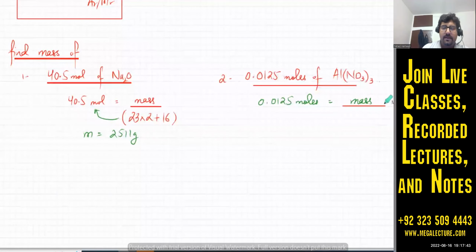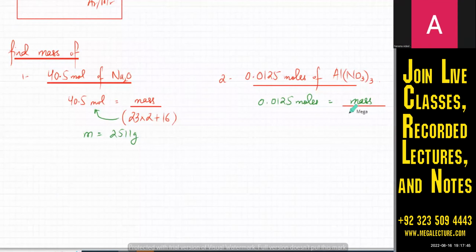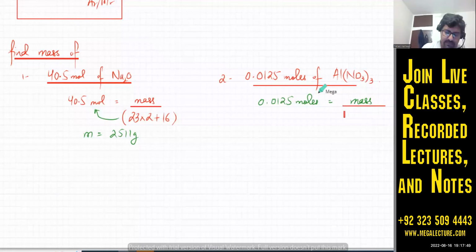So it's 1 aluminium, that's 27, plus NO3. NO3 is 14 plus 16 times 3.